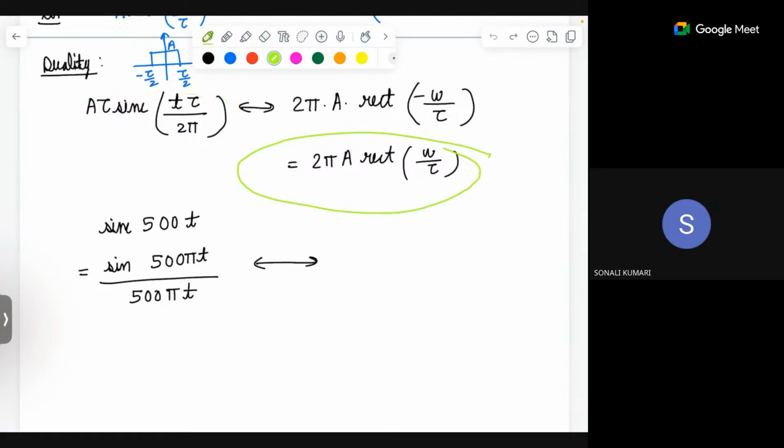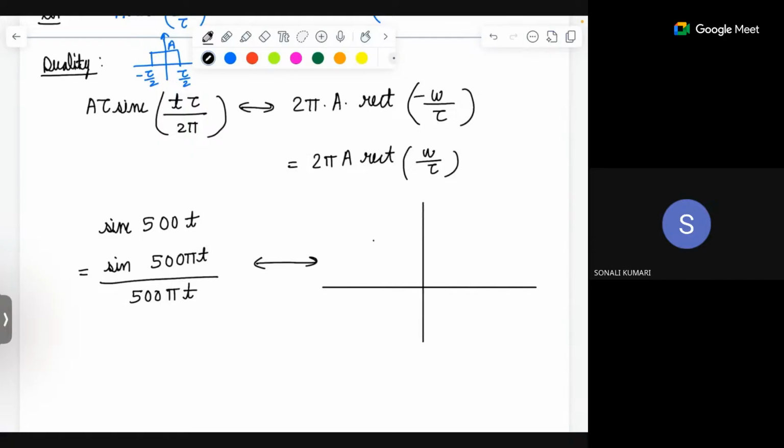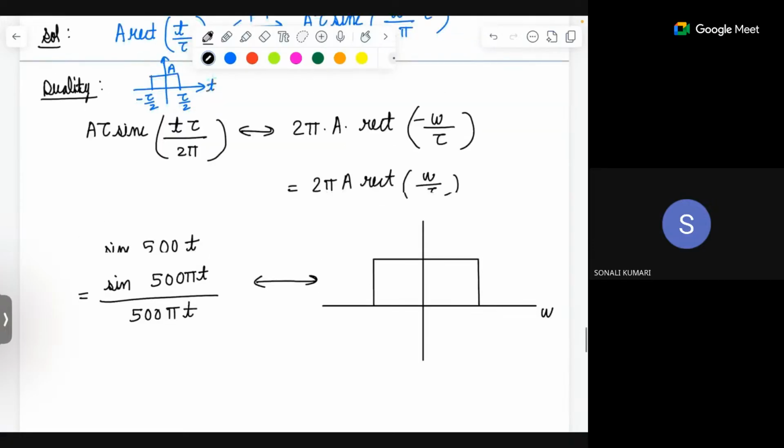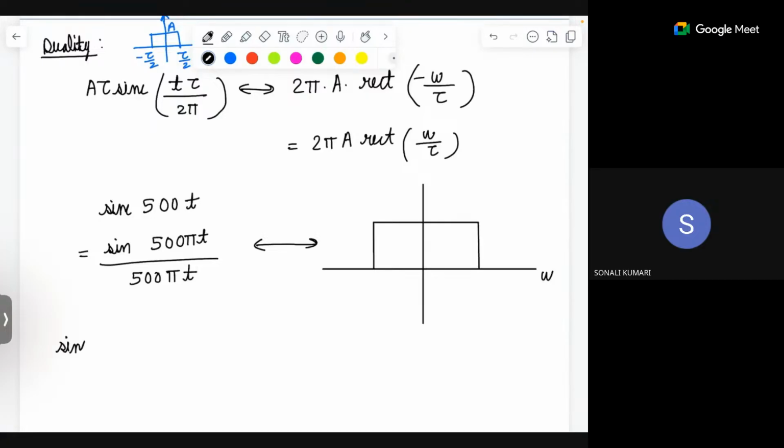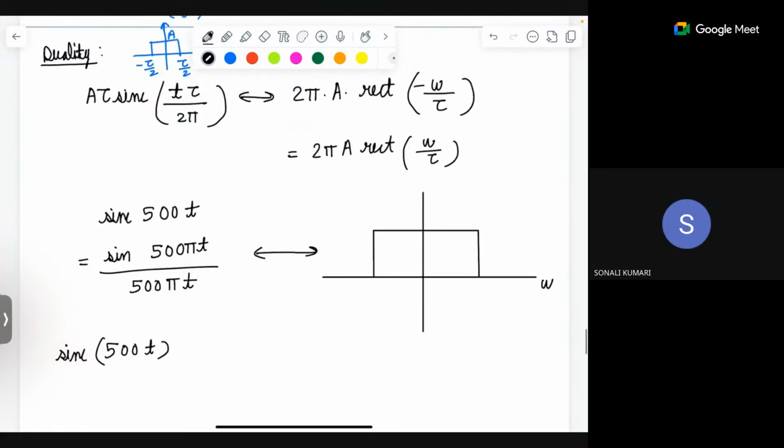Sinc 500t, if we consider this and compare it with this, then let us try to find tau and A by comparing these two.